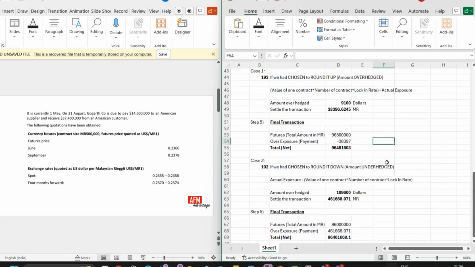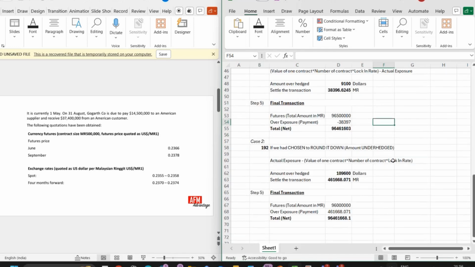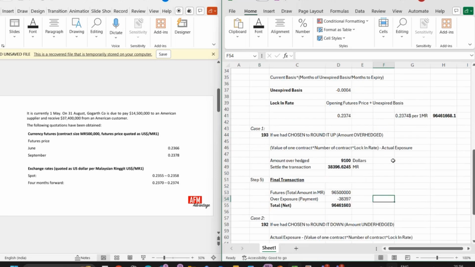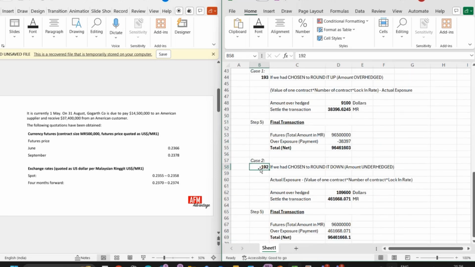Now in case two, if we had chosen to round it down, now instead of receiving more, we are choosing to receive less, or basically hedge less in better language, which is basically 192 contracts. So in this, it will just simply flip the formula. Okay. It's actual exposure minus value of one contract into number of contracts into lock-in rate, right?